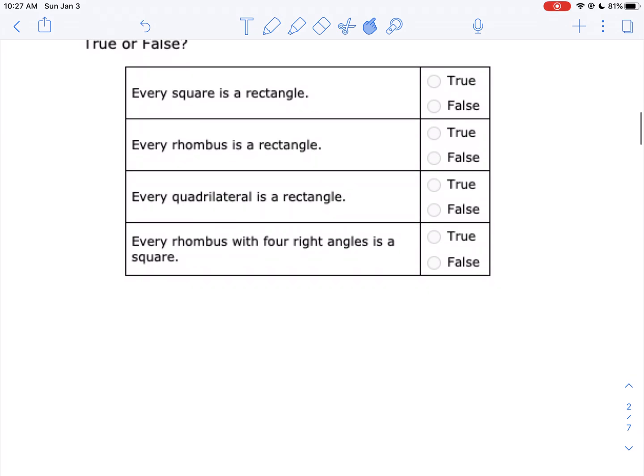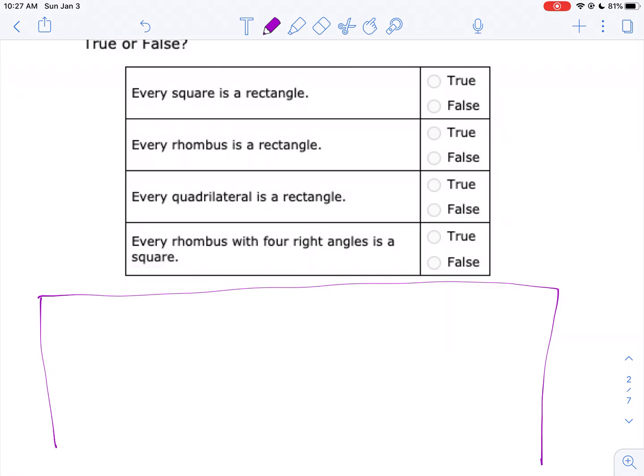Okay, let's do a little review of our Venn diagram from your assignment, and actually we had a question like this on your affirmation. So this is the set of all quadrilaterals. Some of those quadrilaterals are rectangles.